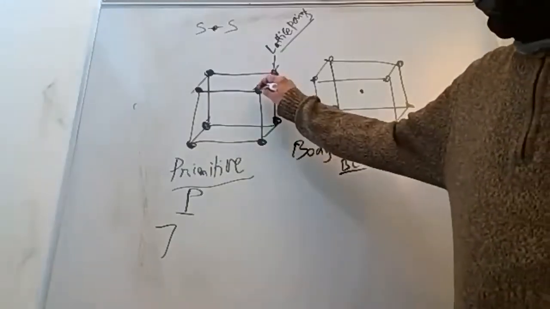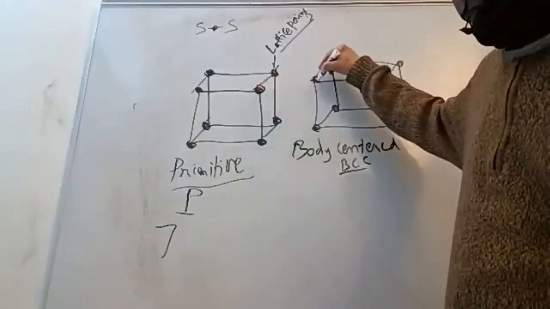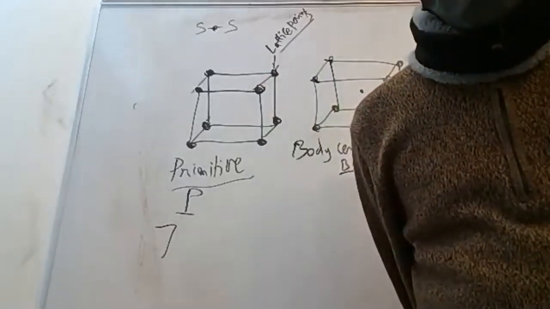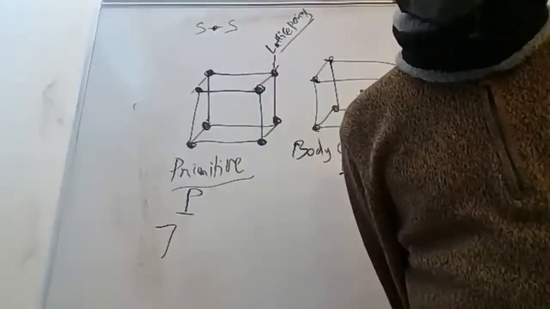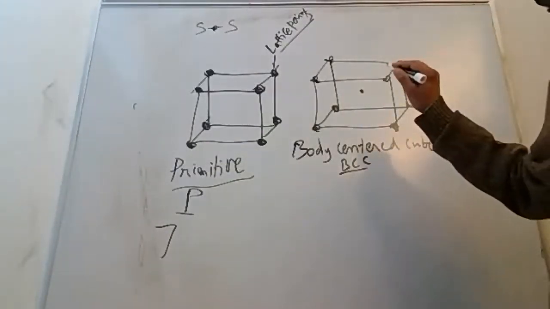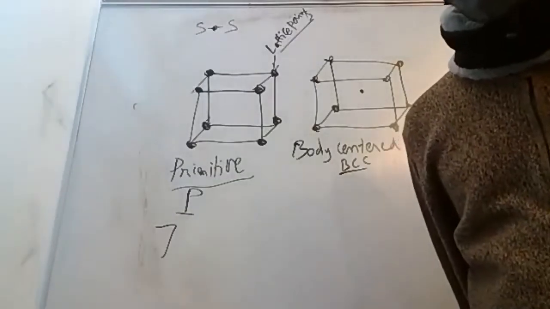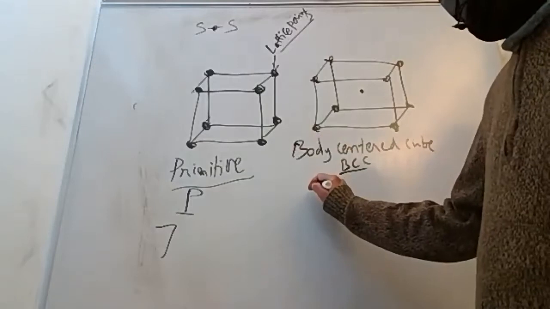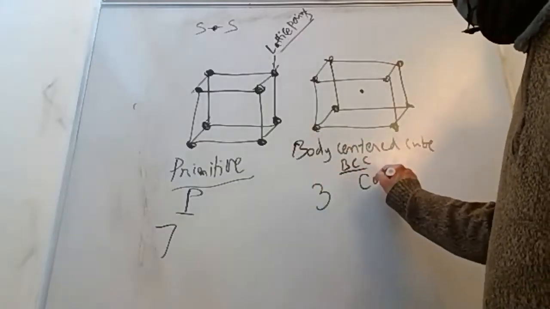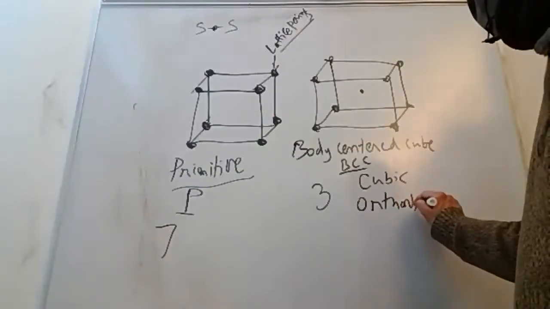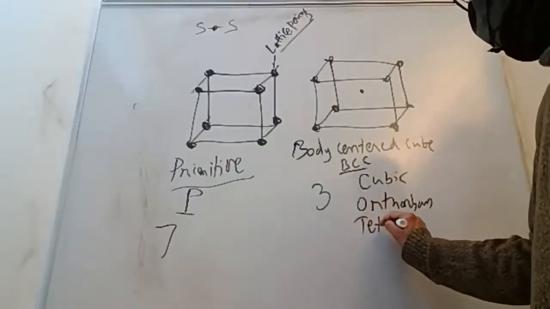Again, as with the primitive cells, the lattice points may coincide with the presence of an atom, or it could be a basis. Okay, good. So this body centering is possible only in 3 types of the cells we talked about. Those 3 are cubic, orthorhombic, and tetragonal.